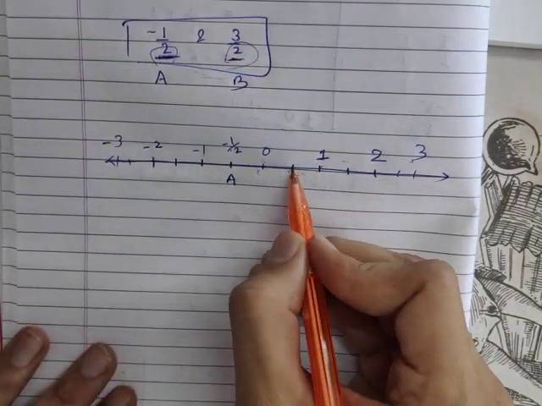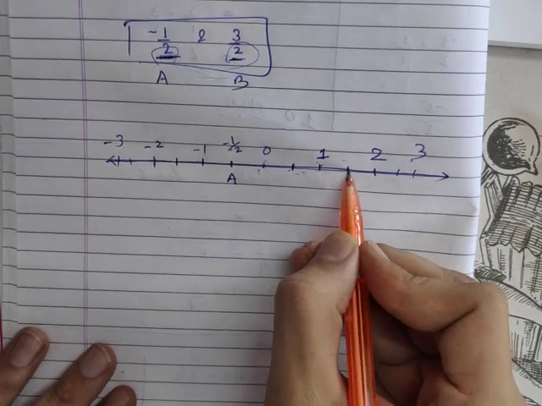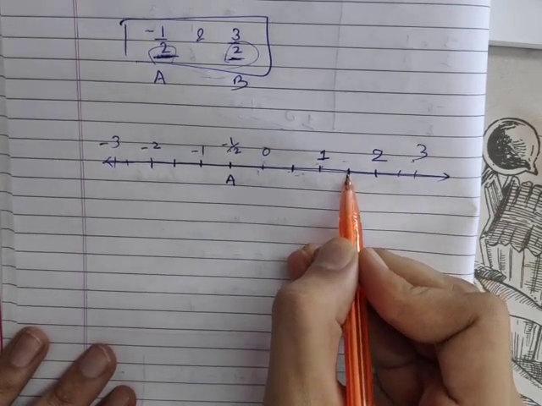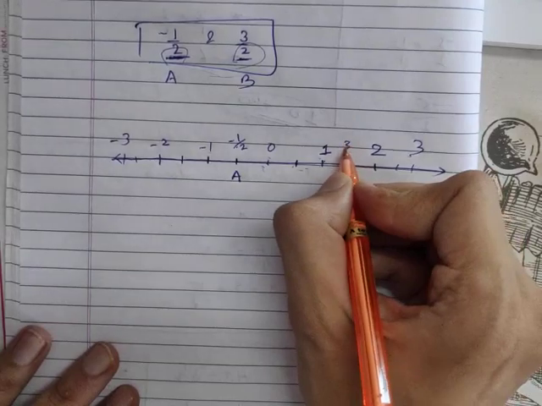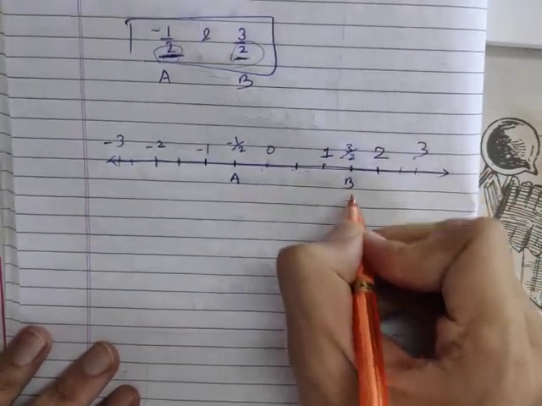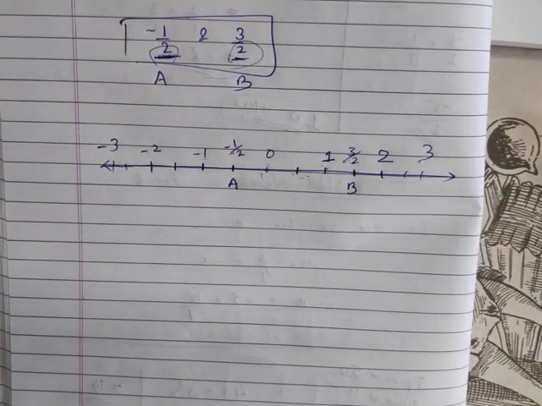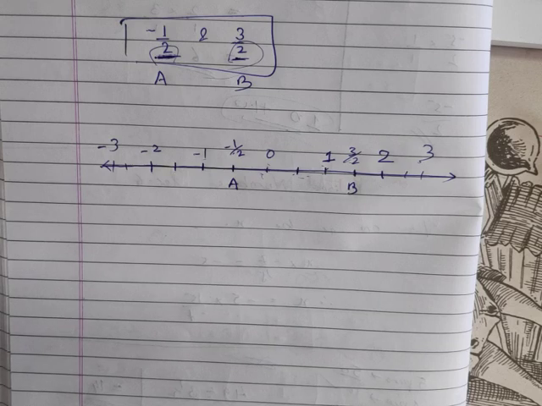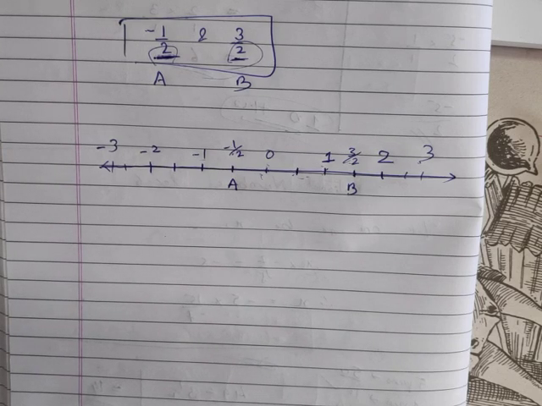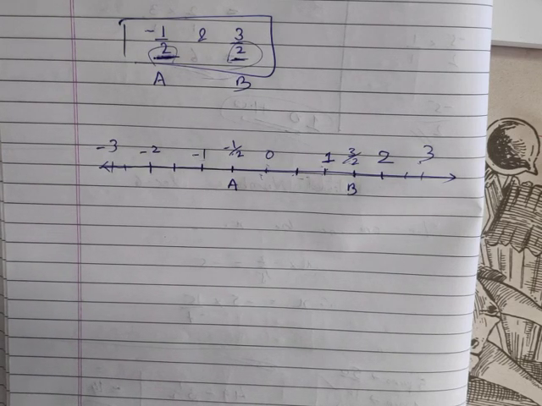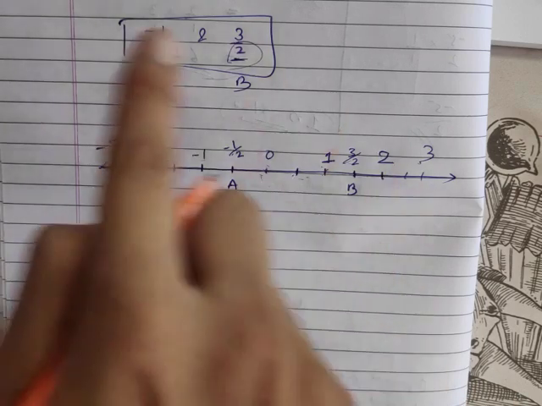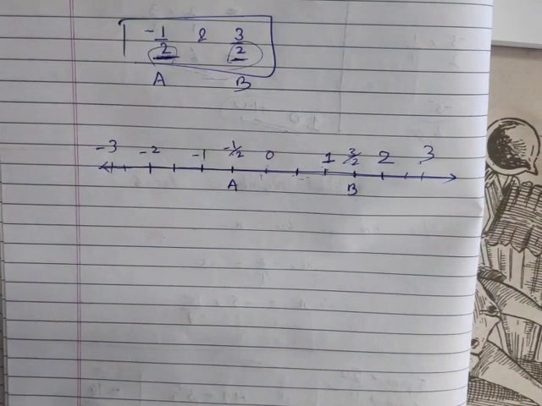So 3 times. 1, 2, 3. This is my answer. That means this is 3 by 2 and I'll mark it as B. I hope it's pretty clear. If not, pause this video, go back a bit, understand this once again. It's really important.